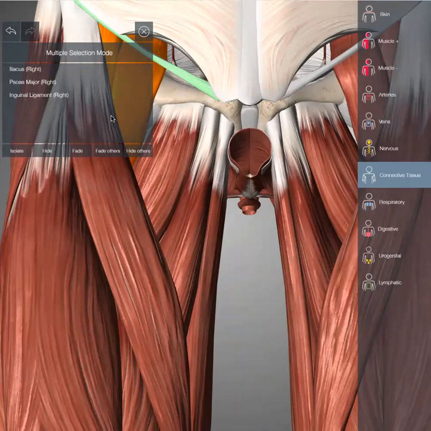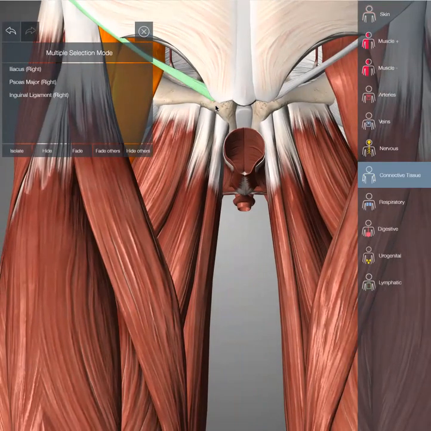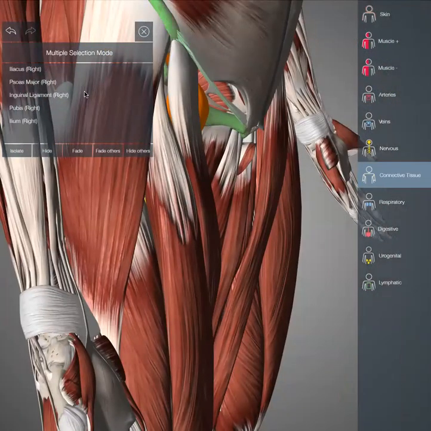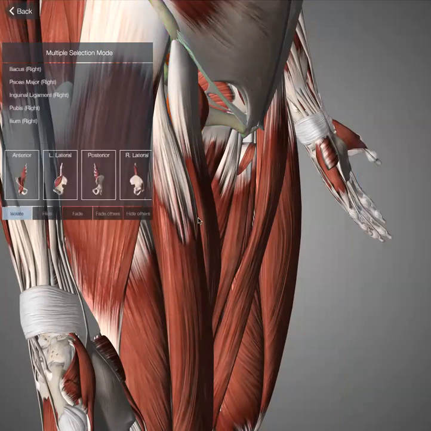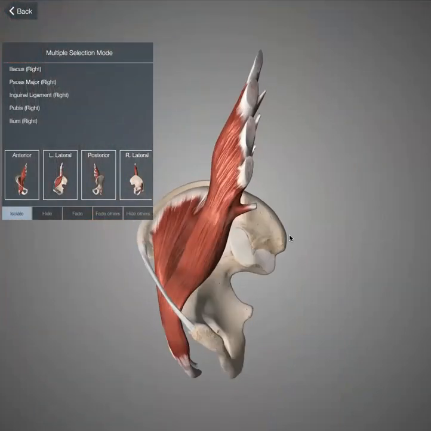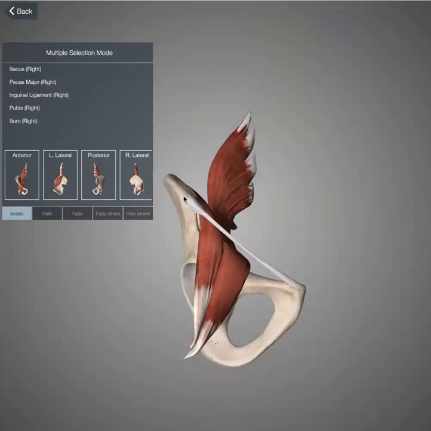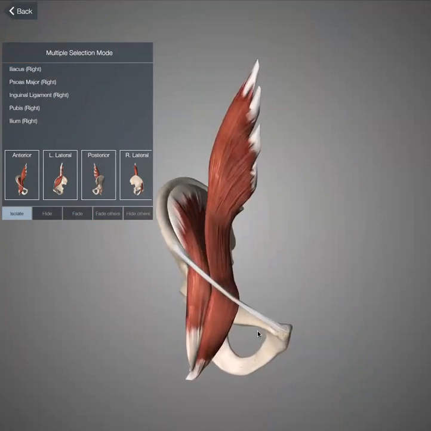And if we select maybe the pubis and the ilium, then we isolate those things. You can see here how it's situated. So it goes from the anterior superior iliac spine and attaches to the pubis and extends all the way to a common tendon in the anterior compartment.